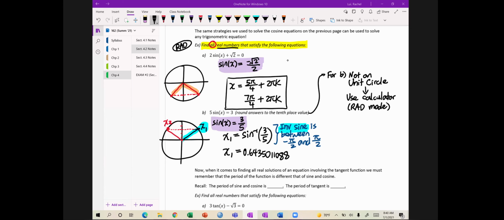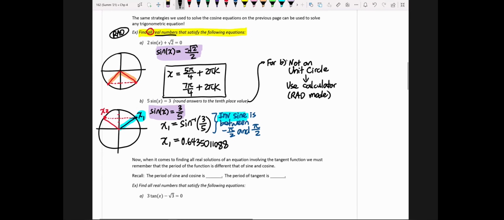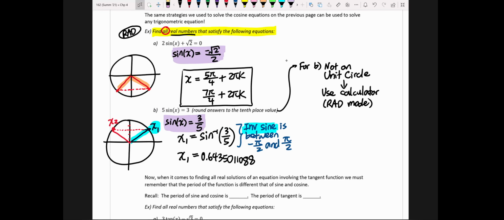Okay, so students, when we're taking a look at our circle, inverse sine only gives us one solution. To get x2, we need to use symmetry here. So I'm going to draw in, let's see if I can put in green here.